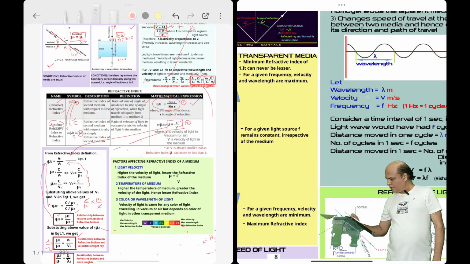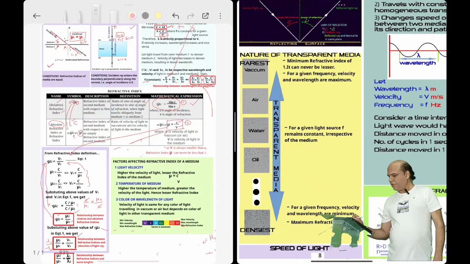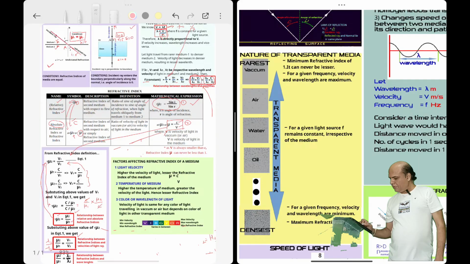Okay, so this we used in the last session. If you consider this, we are moving from the rarest medium to the densest medium when you go down. Okay, keep this analogy in view.